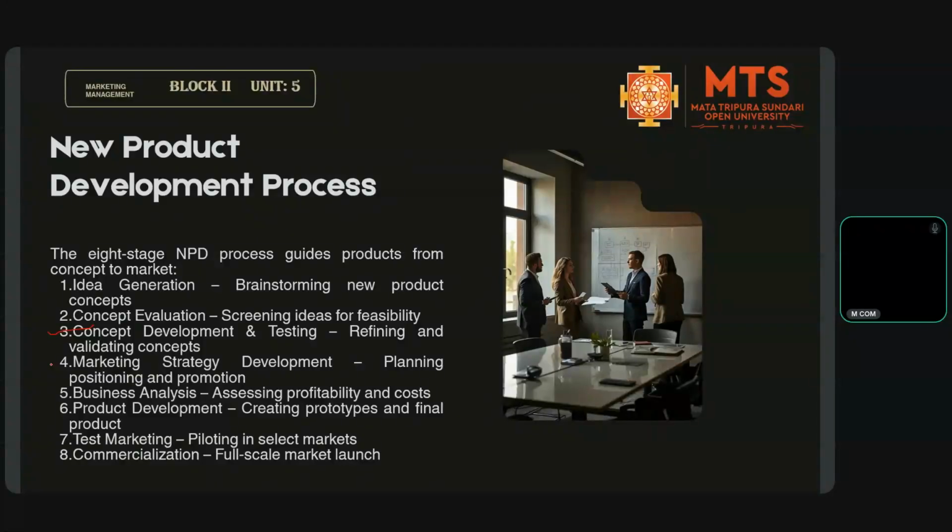Next is the development of a marketing strategy, that is, how the product should be positioned and promoted. Here the management decided that the product positioning and promotion should be done through our heroes. Who are our heroes?